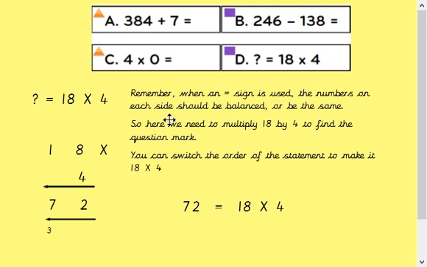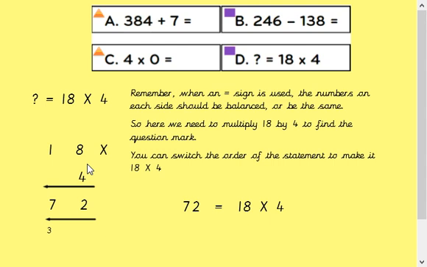So here, what we need to do to find what the question mark will be, we need to multiply 18 by 4. Or if you wanted to, you could switch the order of the statement. So instead of having question mark equals 18 times 4, you could have 18 times 4 will equal the question mark. And a lot of people find it easier before they start the question to switch the order of the statement around. If we do that, we're left with 18 times 4.